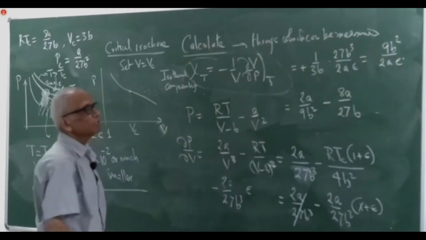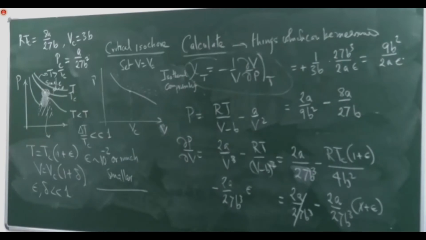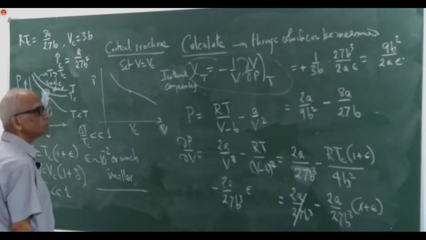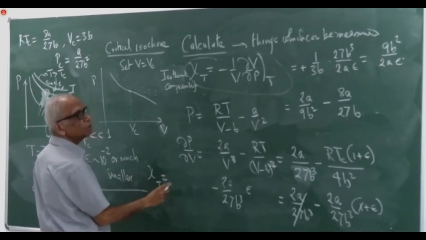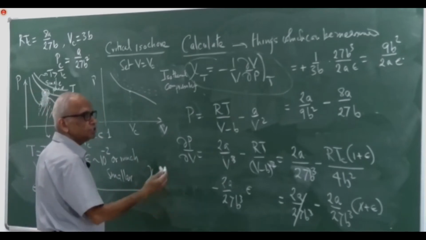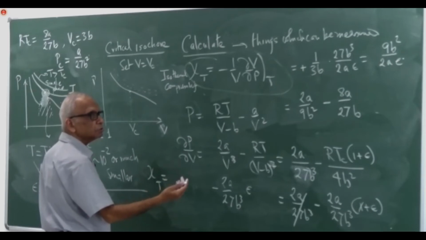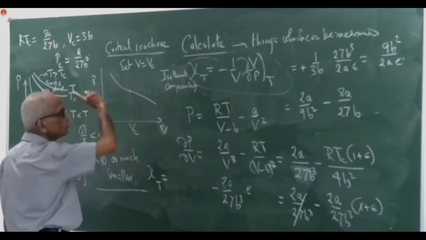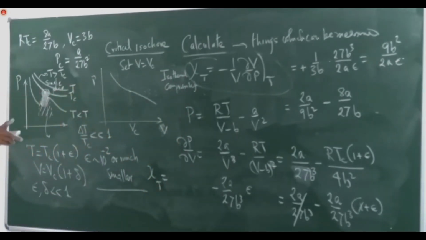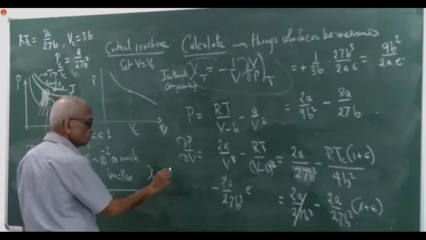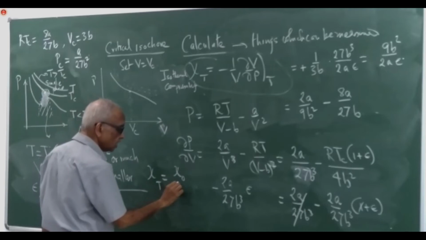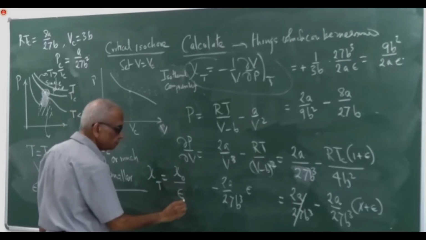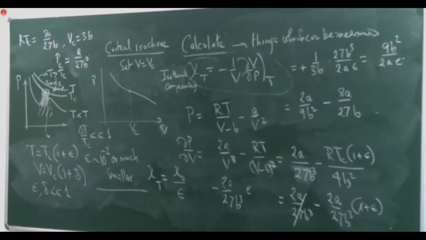So here you are. The isothermal susceptibility chi of T is equal to a constant which depends on the gas. B changes from gas to gas, A changes from gas to gas. So there is some chi 0 which changes from gas to gas divided by epsilon, which is universal.